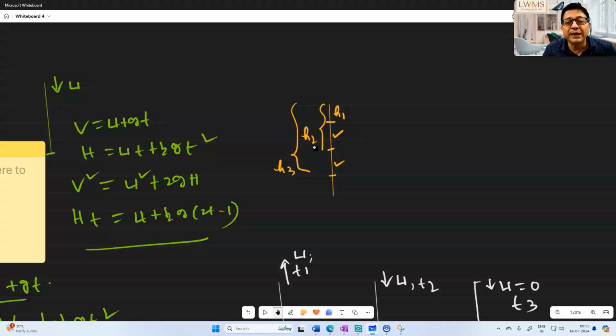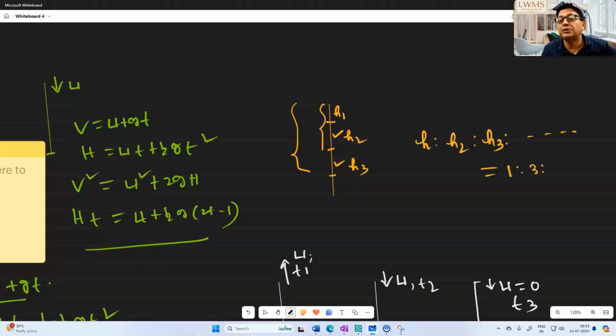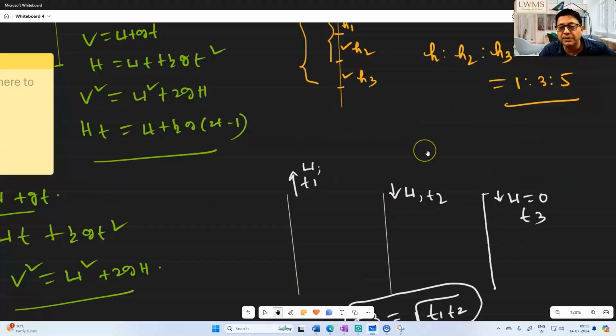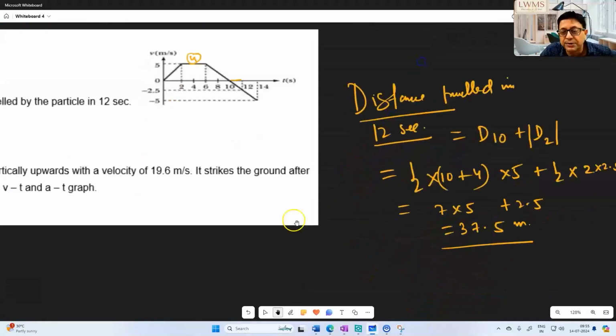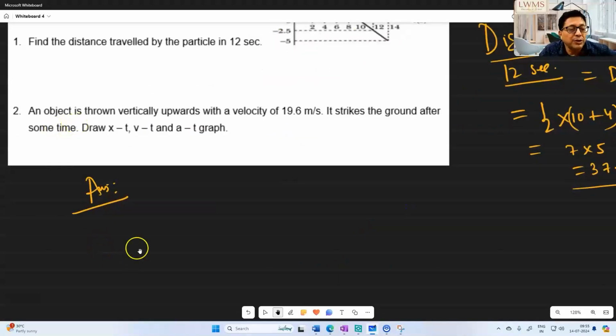This one is distance traveled in the second second, this one distance traveled in the third second, that is h3. Then h1, h2, h3, as you have seen before, this is going to be 1, 3, 5, like this. This you should keep in your mind, because nowadays you have to answer both descriptive and MCQ. So let us solve this one.